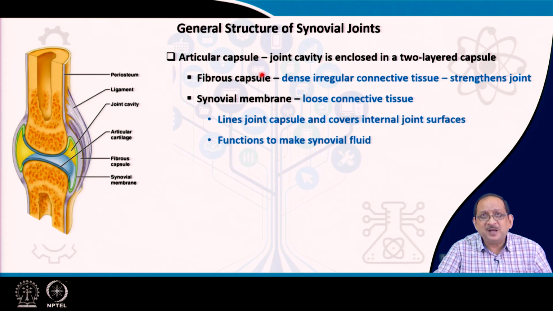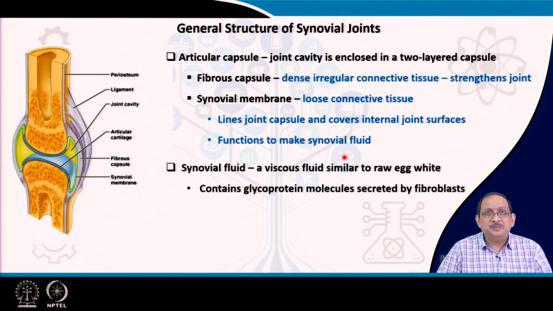It has a fibrous capsule, which is dense, irregular connective tissue that strengthens the joint, and it has a synovial membrane. This is the fibrous capsule and this is the synovial membrane. The synovial membrane is made up of loose connective tissue. It lines the joint capsule and covers the internal joint surfaces, and it also functions to make the synovial fluid.